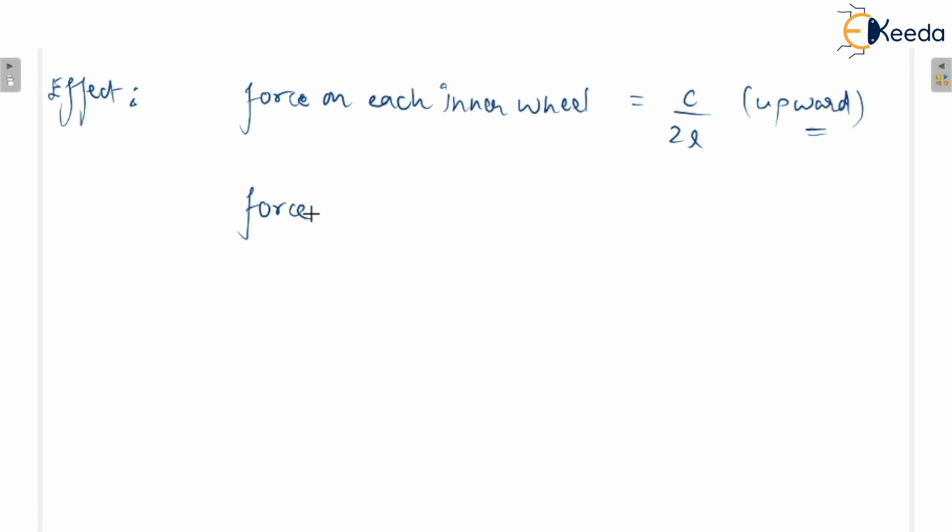Now if I am talking about the outer wheels, the force on each outer wheel is also equal to C upon 2L, but the force is working in the downward direction.